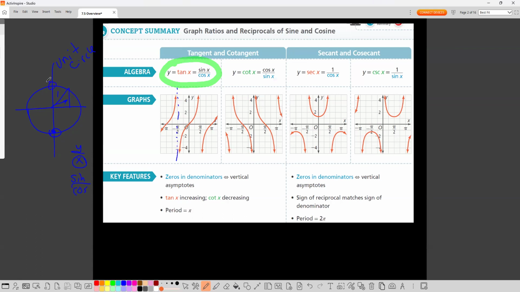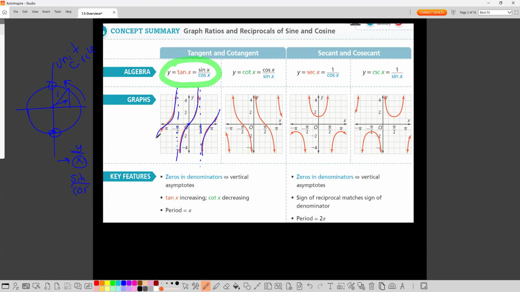If you go to pi over 2 up here for the positive rotation, you have the same thing. Asymptote, because x is 0, cosine is 0. You can't divide by 0 in the fraction for the tangent. All the others in here, if you plot the points, you're going to have a tangent that looks like this, and then it just repeats because of the cyclical nature of our trig functions.